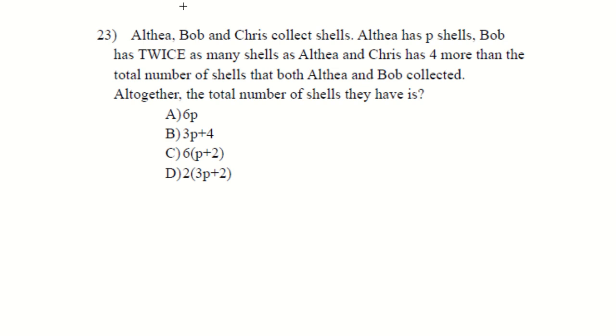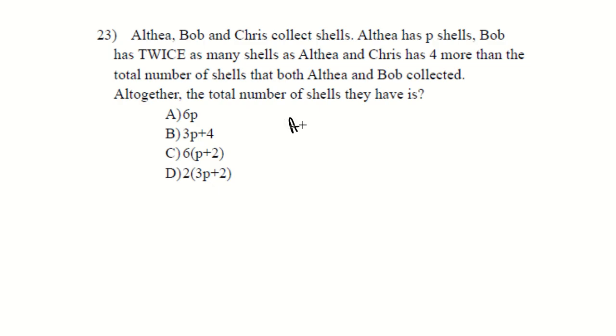Number 23, Althea, Bob, and Chris collect shells. Althea collects P shells. Bob collects twice as many shells as Althea. Chris has 4 more than the total number of shells that both Althea and Bob collected. Altogether, the number of shells they have is, so first off, Althea, I'll just put A instead of writing the whole name.